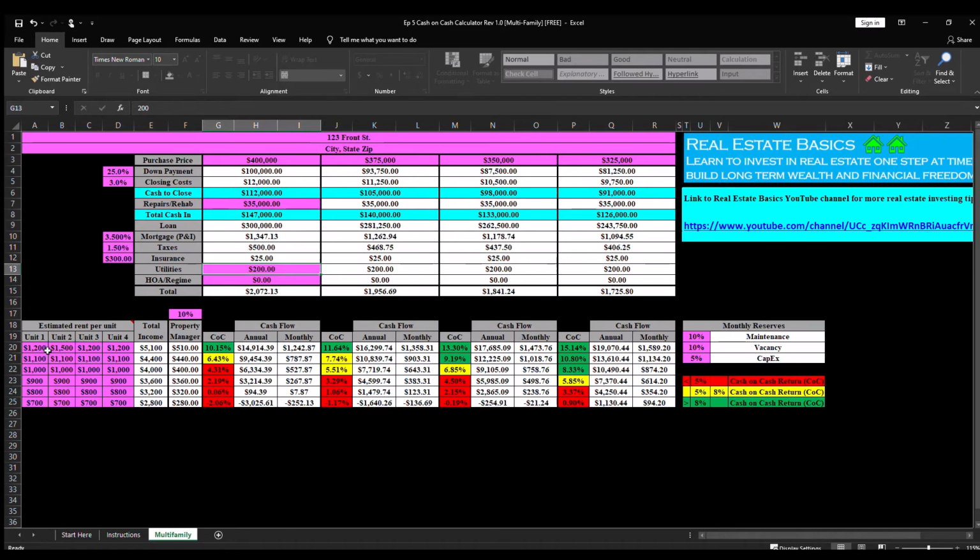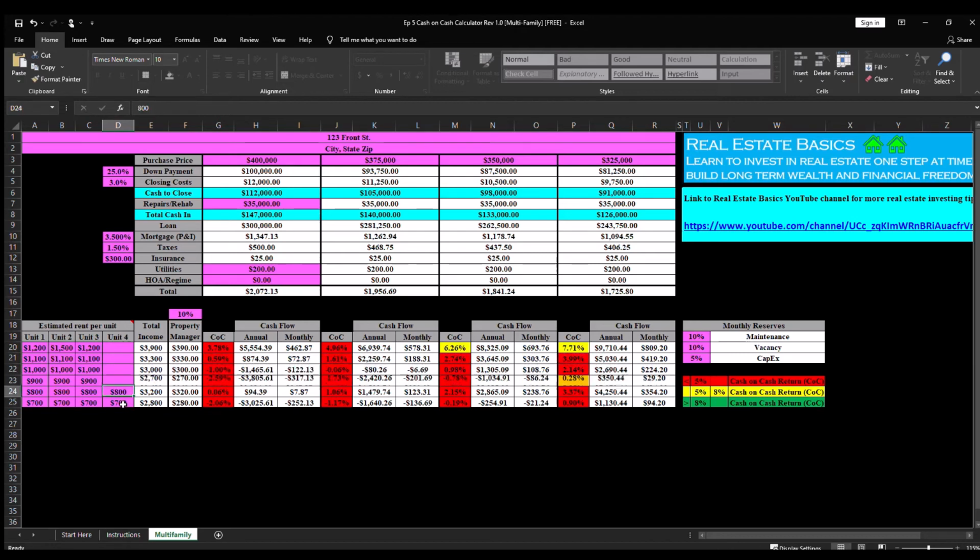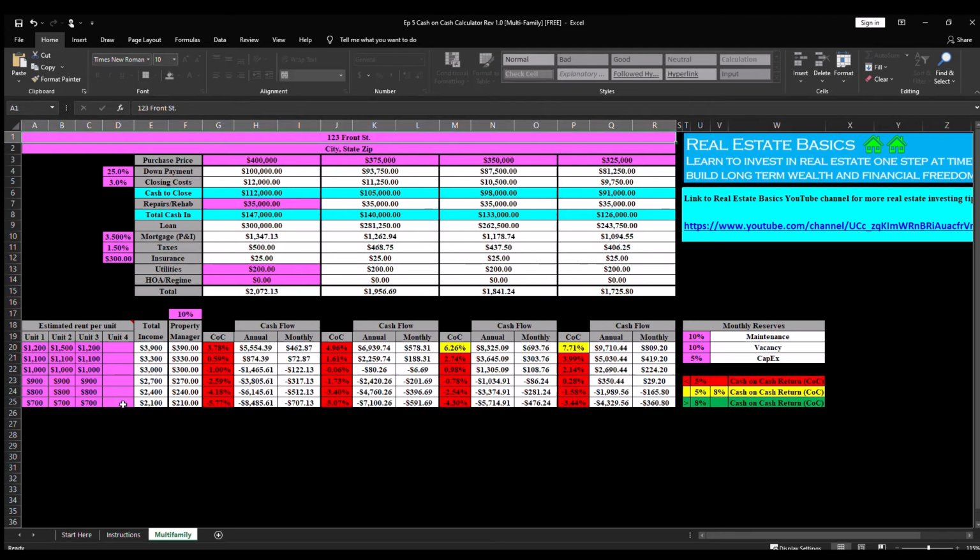Now coming over here, right, this calculator is for multifamily. Multifamily that is not a commercial property is anywhere from 2 to 4 units. So let's say you're analyzing a triplex, so you have 3 units. What you can do here is just go ahead and delete what your unit 4 values are, or you can put in 0, and then your numbers will reflect the triplex.